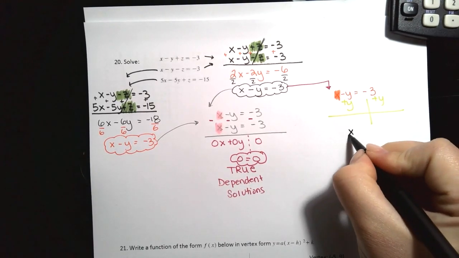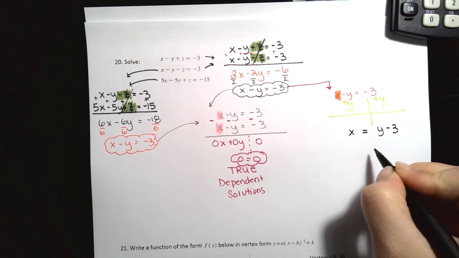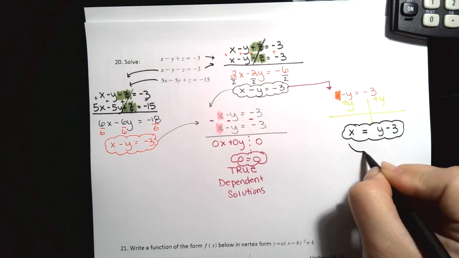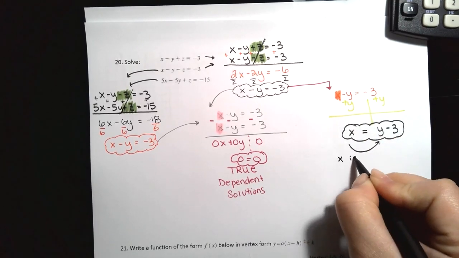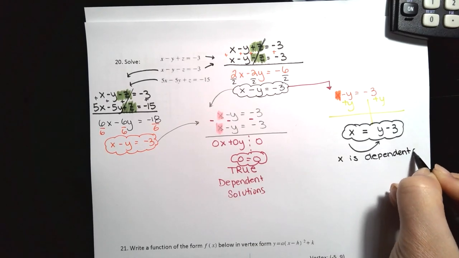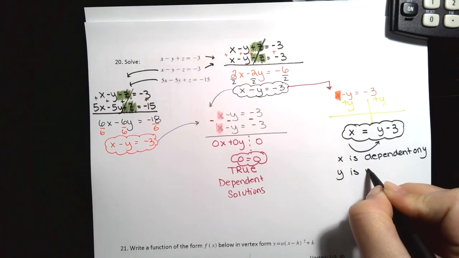So we have x is equal to y minus 3. Okay, what does that mean? That means x is dependent on y, which means y is independent.